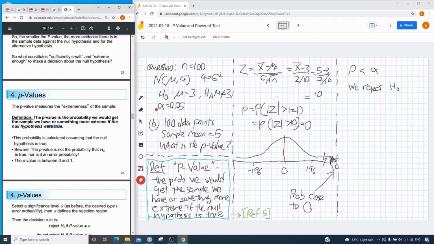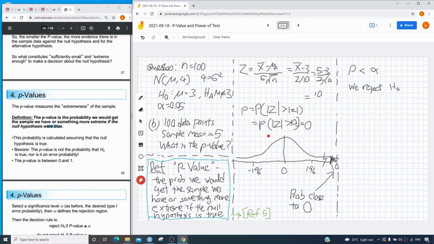So if the null says that mu equals 3 were true, what is the probability that we would get the sample value we have, which is 5, or more extreme?